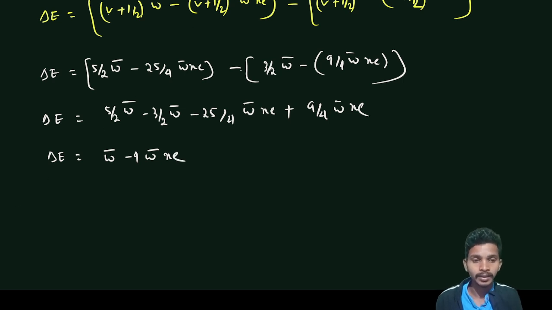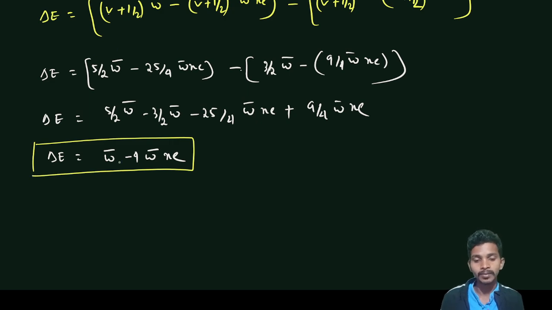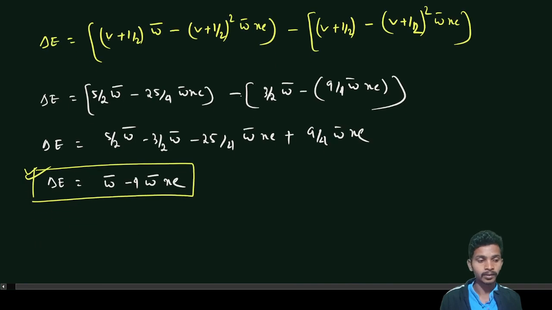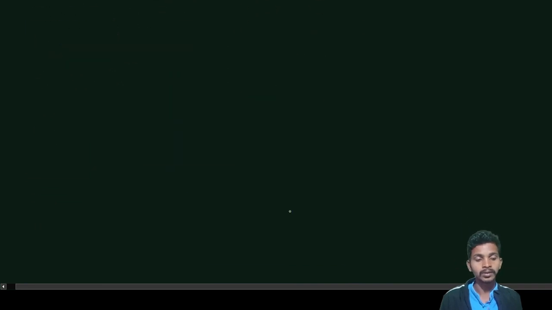So this is the hot band, the transition from v equal to 1 to v equal to 2. Okay, so this is for the hot band.